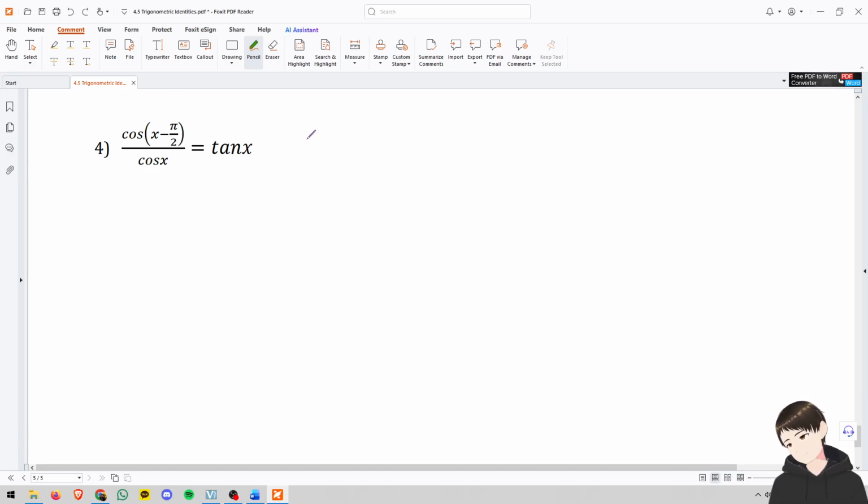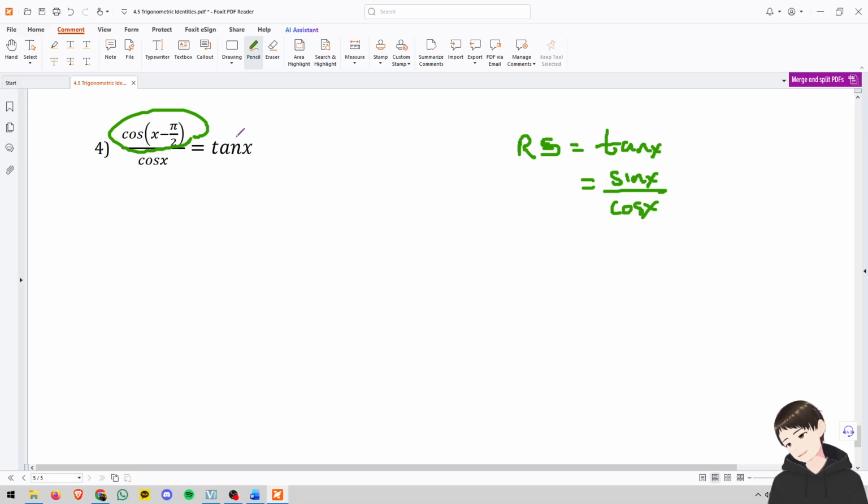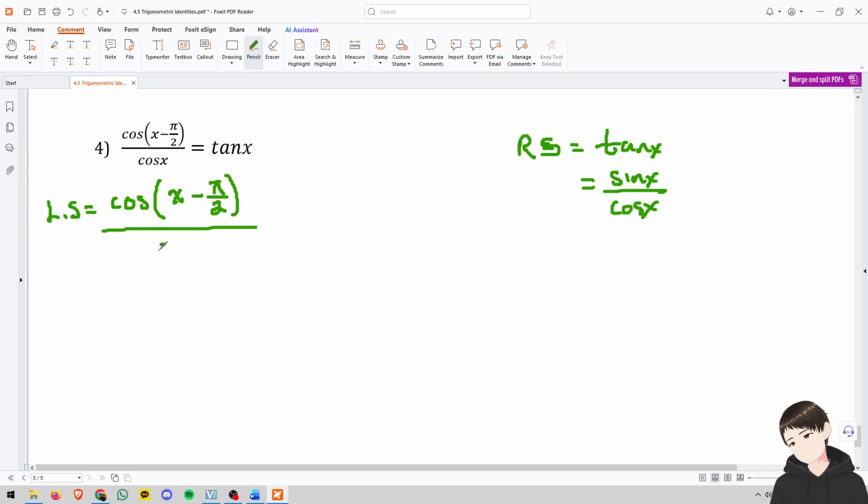Because on the right side, tangent is the same as sine x over cos x. I already have my cos x in the denominator. So is there a way to prove that this is equal to sine x? Well, let's think about it. The left side is equal to cos(x minus 90 degrees) over cos x.